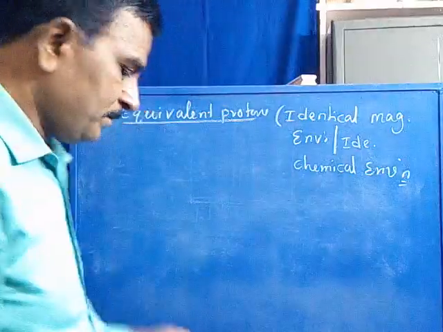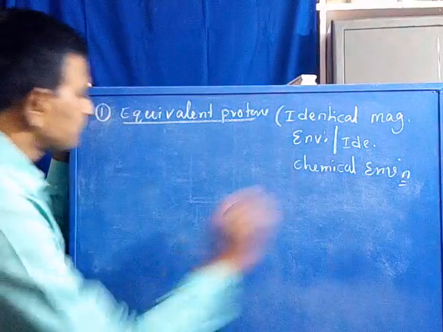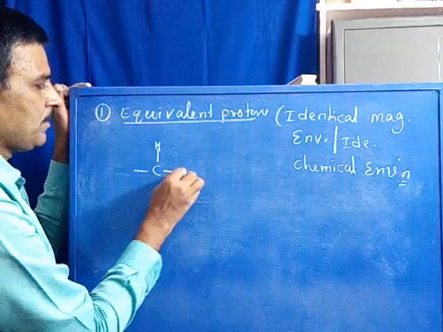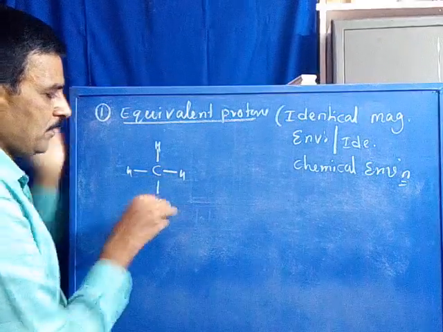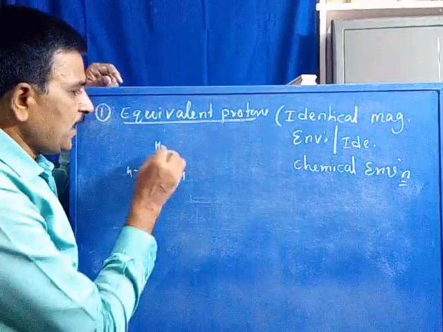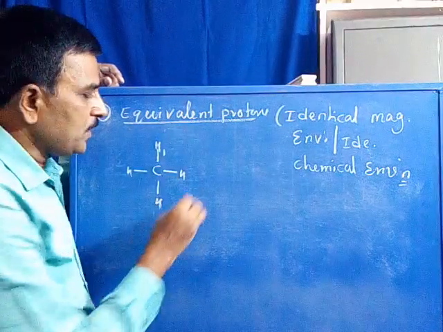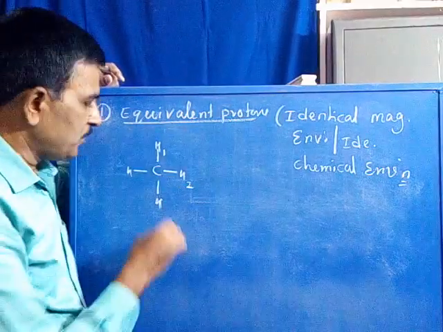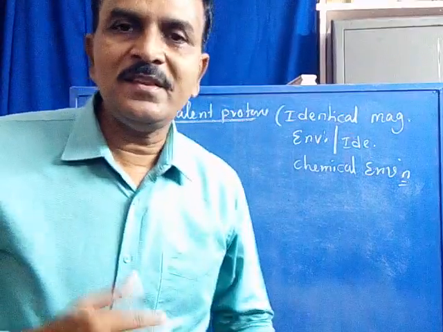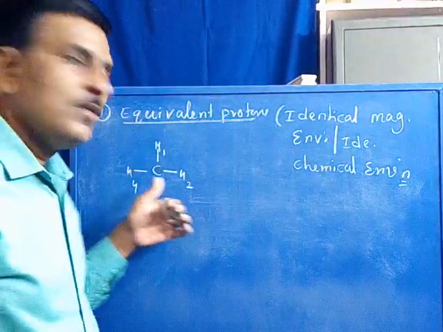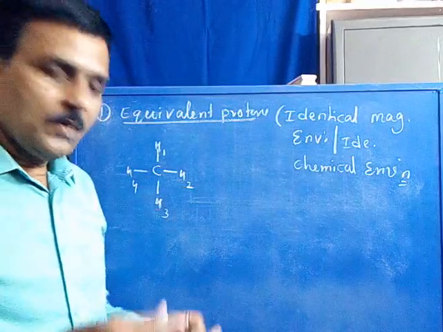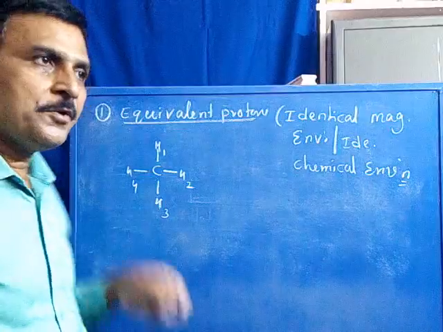For example, you take methane. Let us find out. Say this is H1 hydrogen, H2 hydrogen, H3 hydrogen, H4 hydrogen. So this is the molecule consisting of 4 hydrogens. Now the hydrogens are spin active, we know.